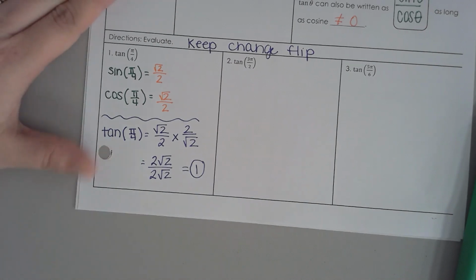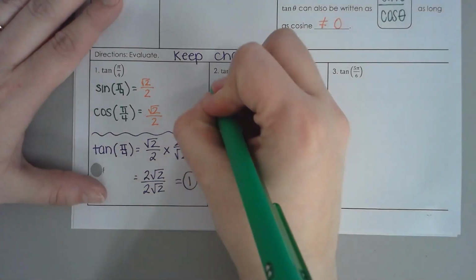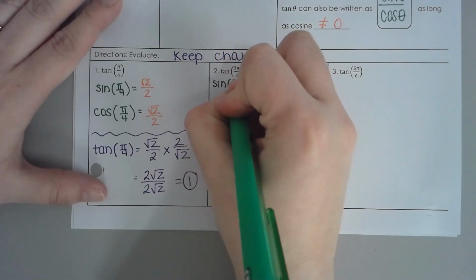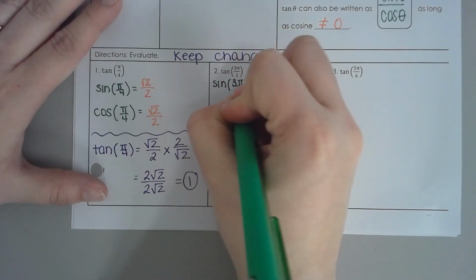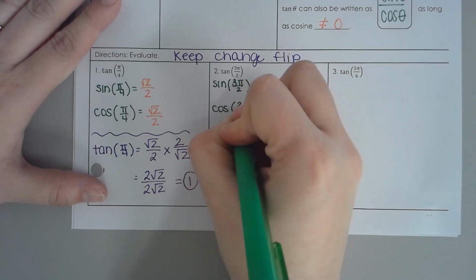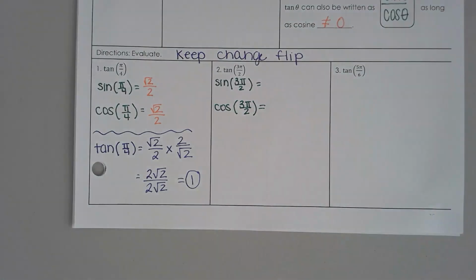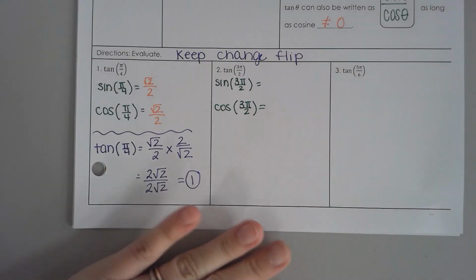Let's do tangent of 3 pi over 2. So we have to do sine of 3 pi over 2 and cosine of 3 pi over 2. What is sine of 3 pi over 2? -1.